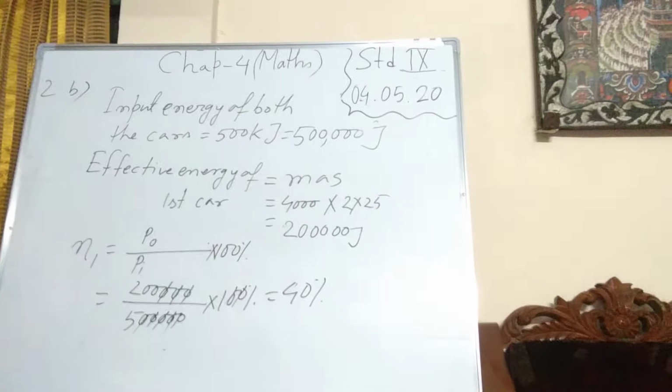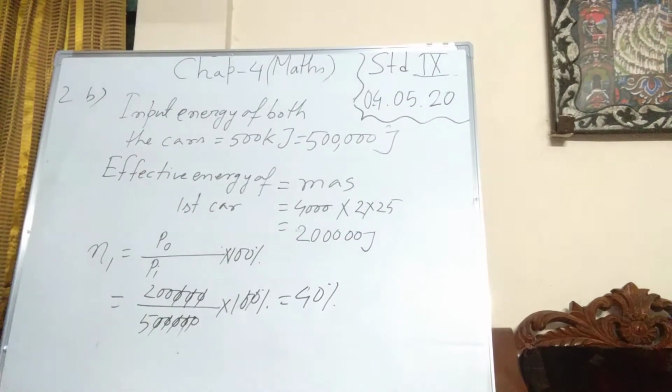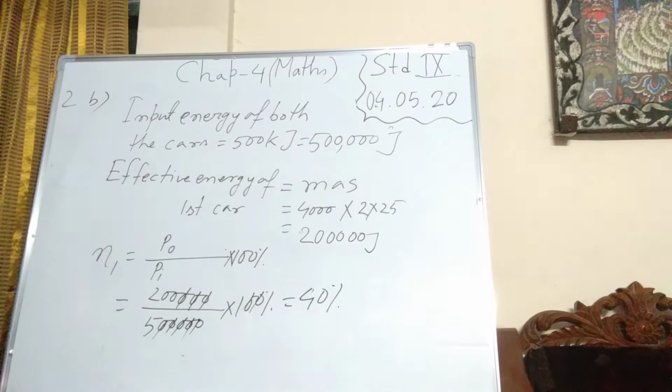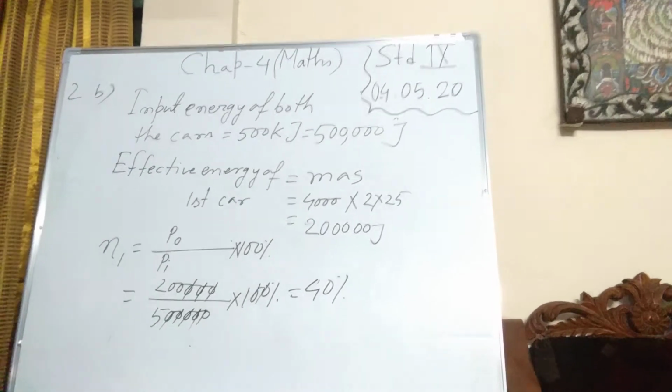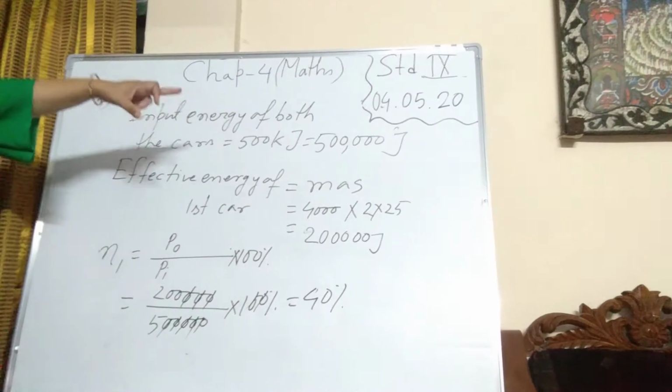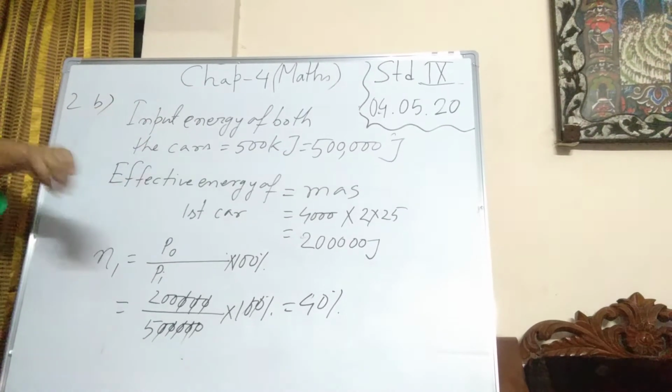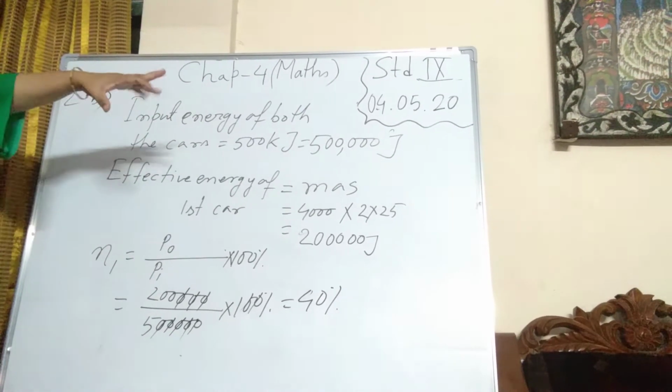Now we will find out the efficiency of the two cars. The input energy of both cars is given, that is 500 kilojoule. 500 kilojoule can be written in that way, because you know 1 kilojoule equals 1000 joule, so by multiplying by 1000 we got that.